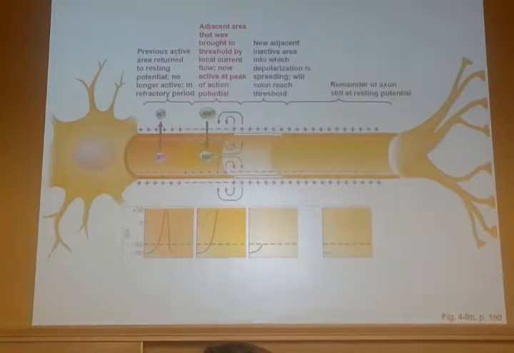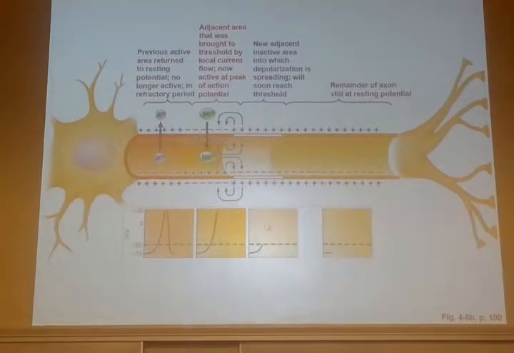So no effect of the diffusion upstream, but downstream you're getting to threshold. And as this one then completes the repolarization phase, this one will be taking off in the depolarization phase. So each successive little chunk of the axon has to regenerate the action potential by opening the voltage gated channels.